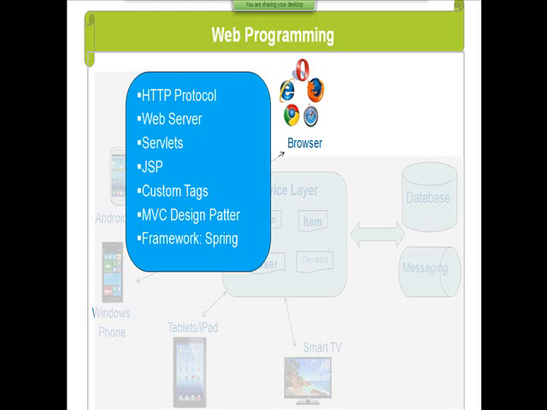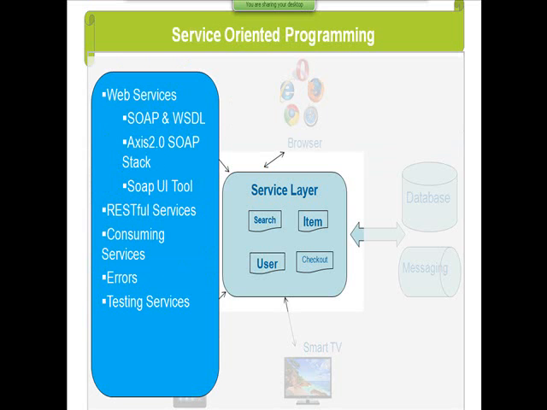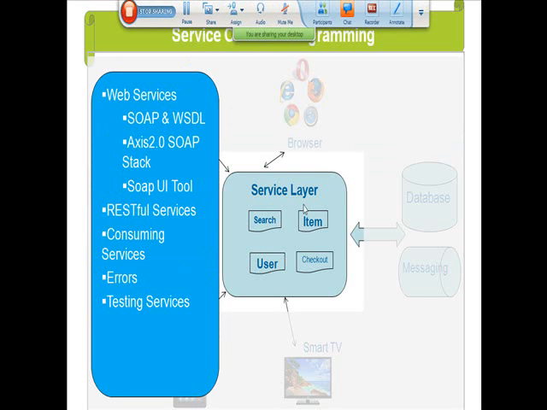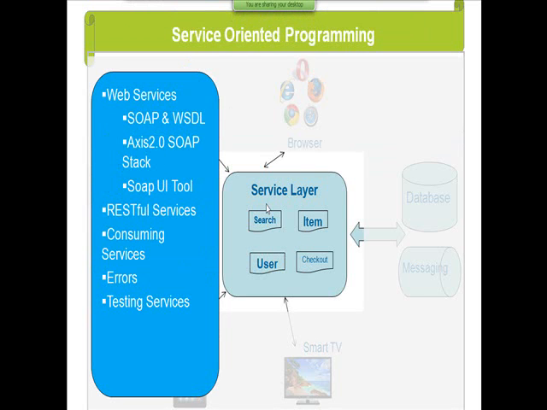Once you have completed the web programming side, we are going to deal with the service layer. How can I build these services? What should I know? We are going to learn web services to build search, item, user, and checkout kinds of services.